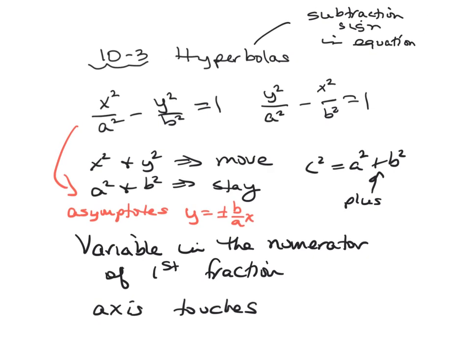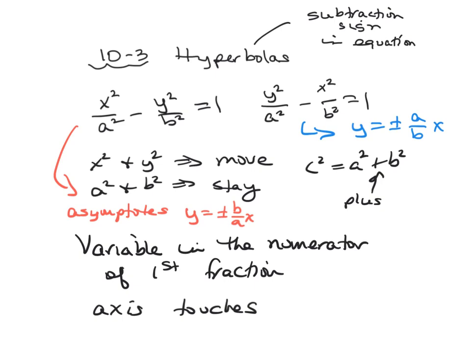And then when the y squared is the first variable, it's y equals plus and minus a over b x. Remember, this will come into play when we're asked to write equations, and let's say one of the givens is an asymptote. So again, remember, the asymptote they give you is a simplified fraction.